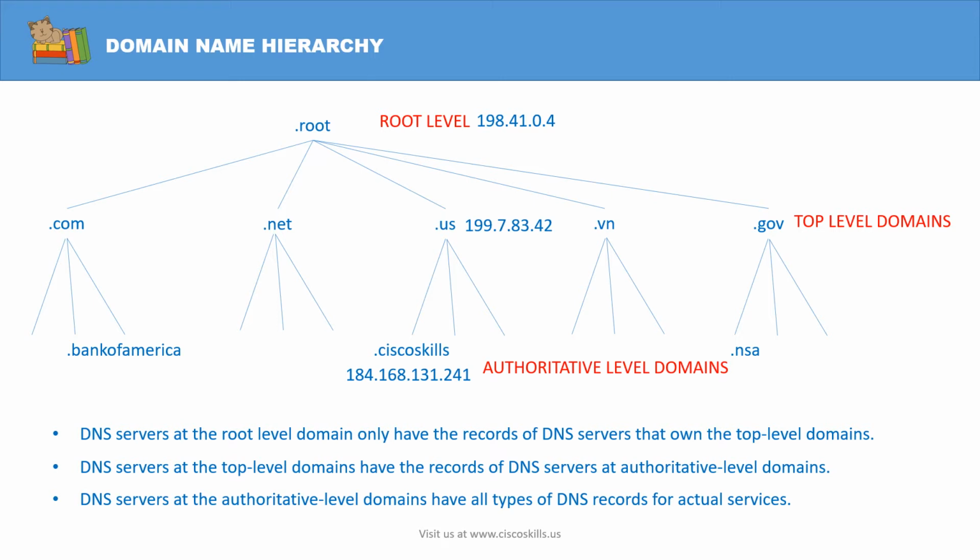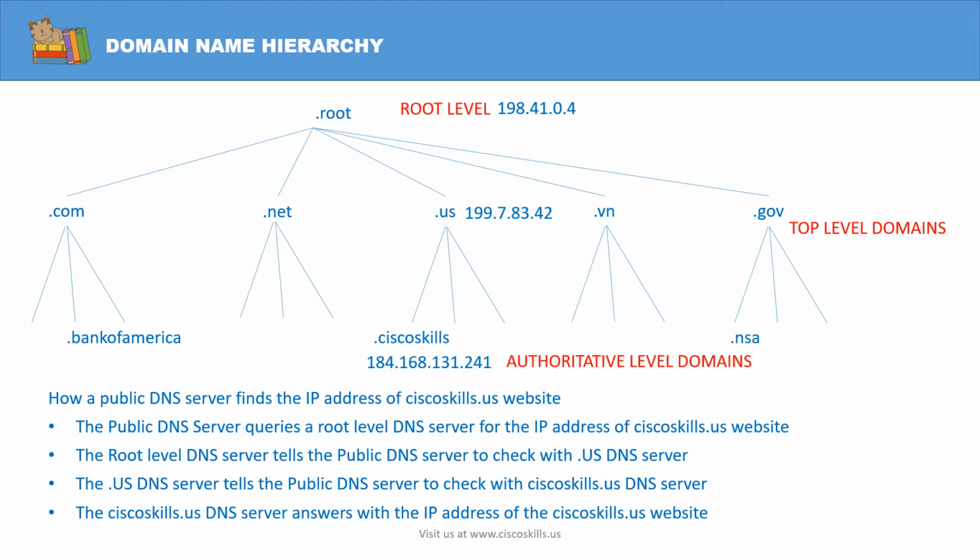For example, the DNS server at Cisco skills.us have the A records for the IP address of the Cisco skills.us website, and it also have the MX records for the IP address of the email server for Cisco skills.us domain.